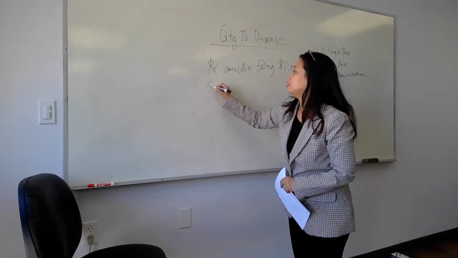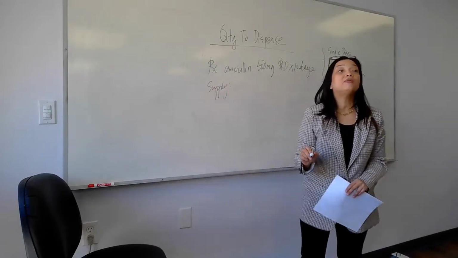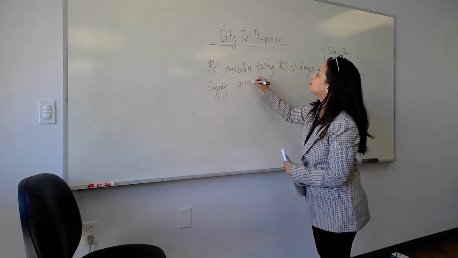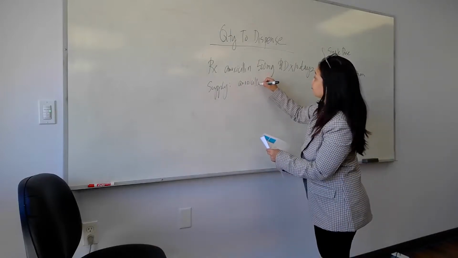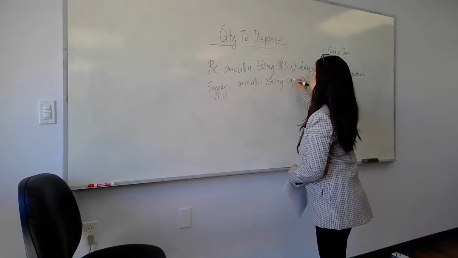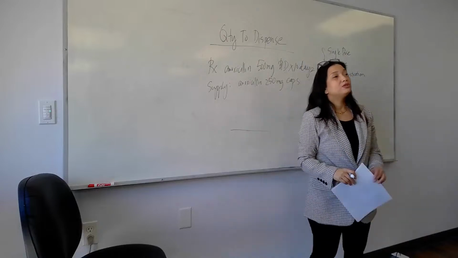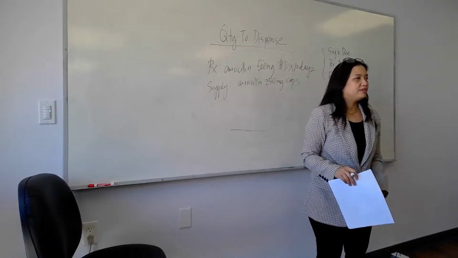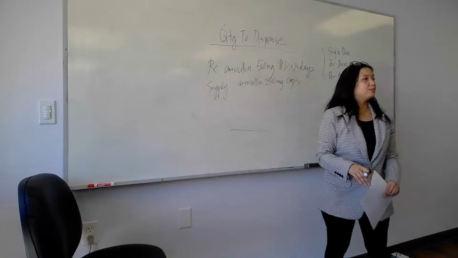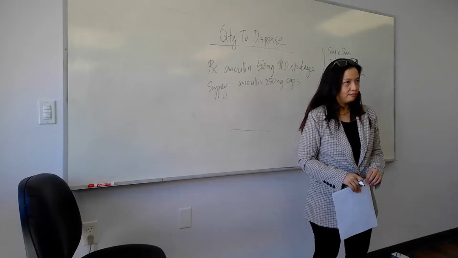The supply, the one available in the pharmacy, is amoxicillin 250 milligram capsules. So you receive this prescription. You tell the patient, I'm sorry, I cannot give you that because you have a prescription of 500, but we only have 250.